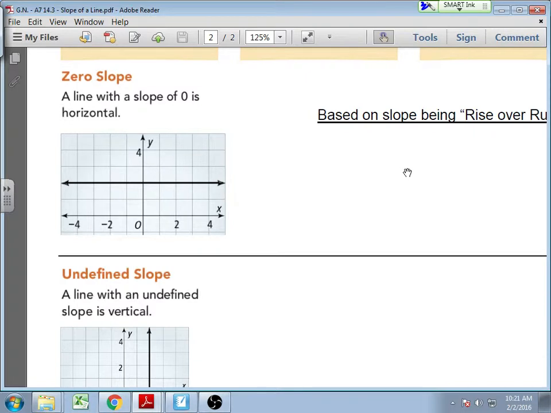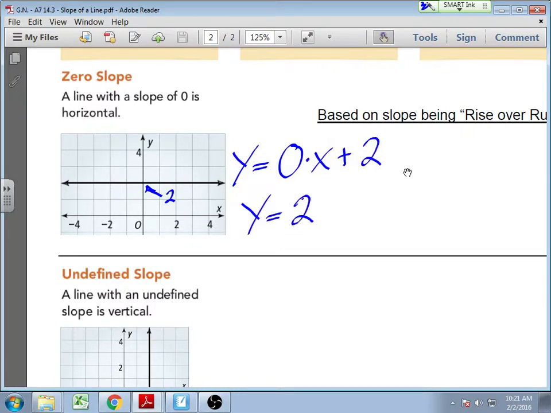A line with a slope of 0 is horizontal. So this equation would be y equals 0 times x because the slope is 0. But it has a y-intercept of 2, so that would actually be plus 2. So really, this line is y equals 2.